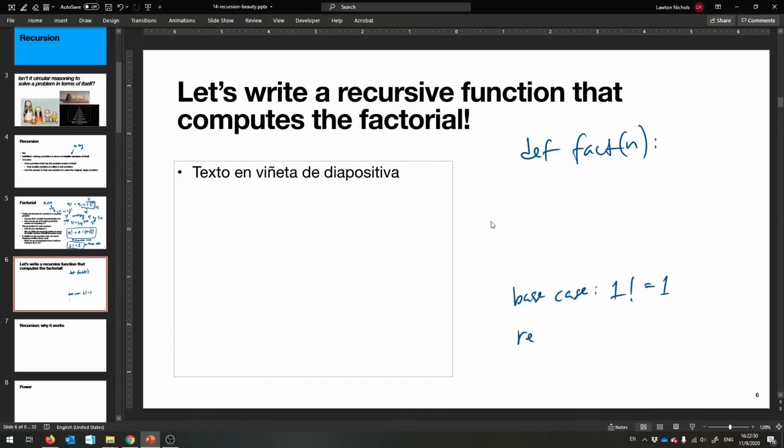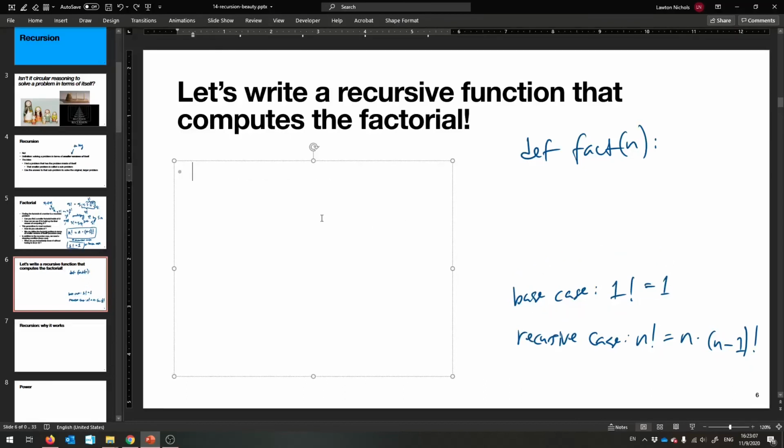And our recursive case. We know that this all works because we tried it out for 5 factorial. And this got smaller. It's all going to work out. It's eventually going to hit the base case. We can write a program that does this. Okay? So functions themselves can be recursive.